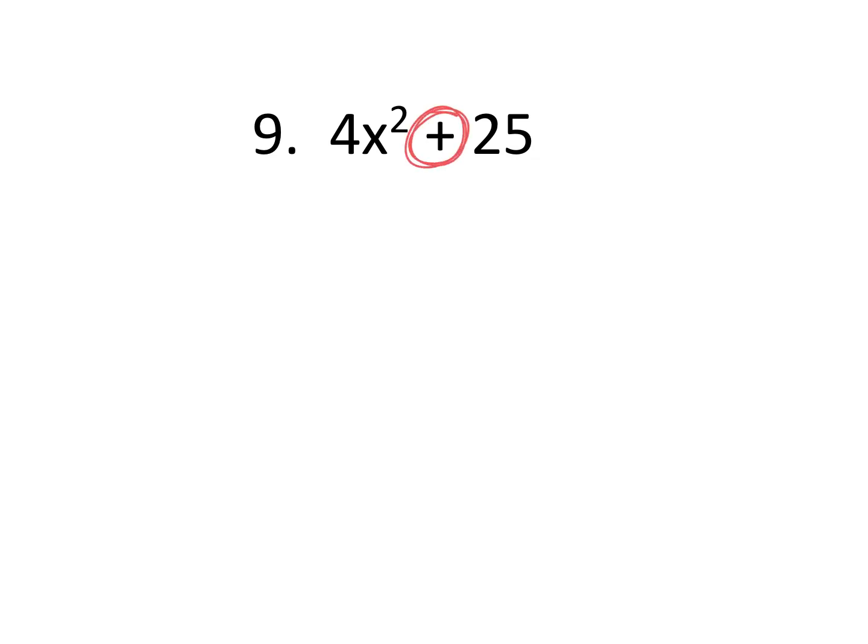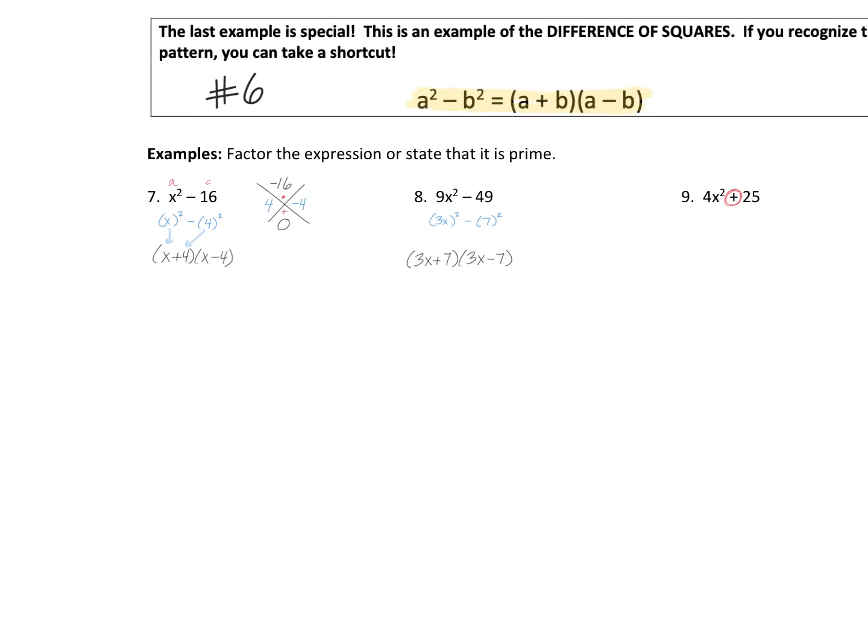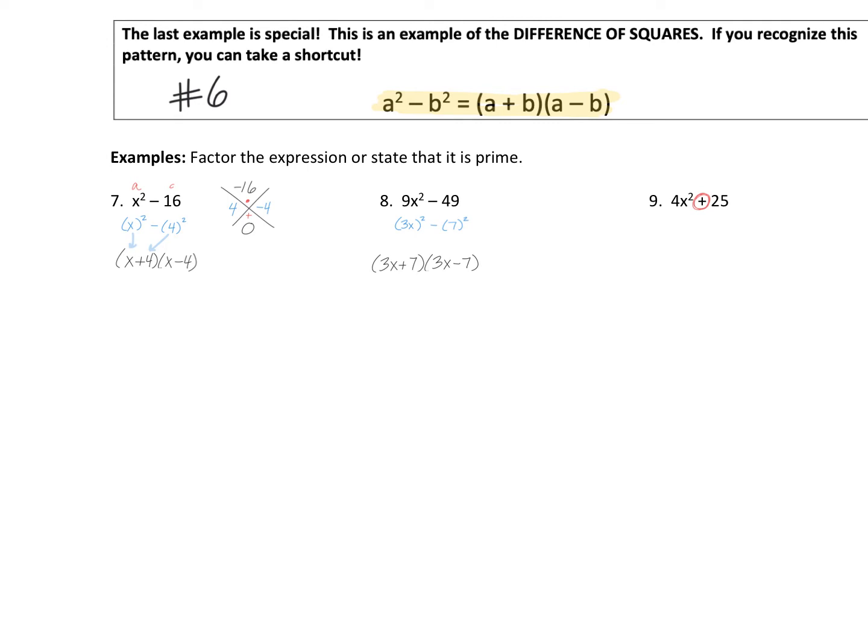Okay, so this is a big deal. Look back at number 7 and 8. 7 and 8 both have, I'll highlight it, subtraction. Again, up here, it's subtraction. So this only works with subtraction.